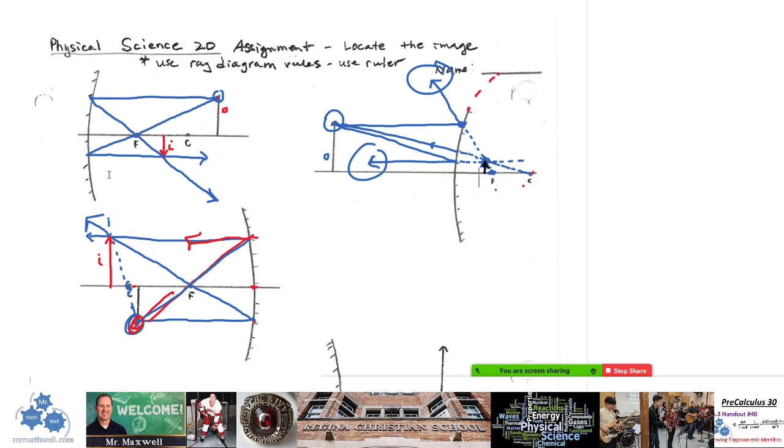Now, there will be special cases where the light rays will be parallel both in front and behind, but for 99% of your diagrams, they're going to meet somewhere, either in front or behind. So here we go. There's converging, and here is, of course, diverging.